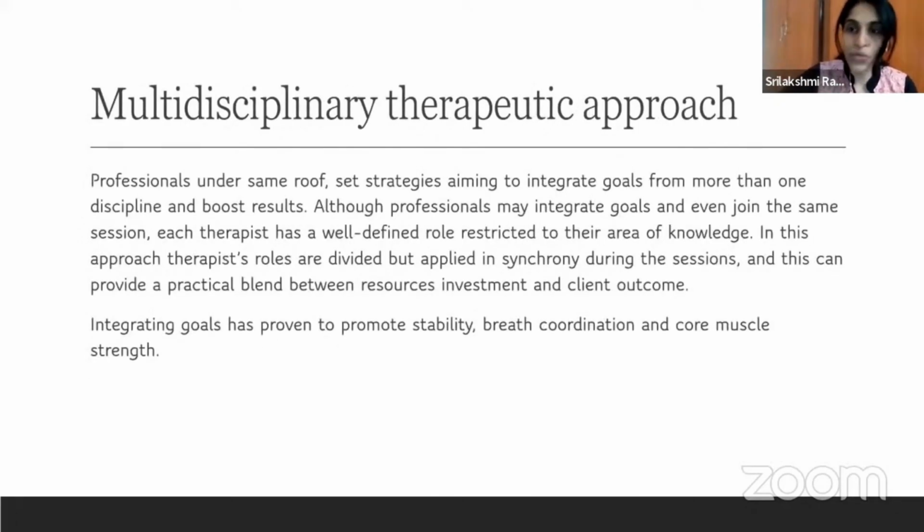To end my slide, I would emphasize the multidisciplinary therapeutic approach, because professionals under the same roof set strategies aiming to integrate goals for more than one discipline and boost results. Although professionals may integrate goals and even join the sessions, each therapist has a well-defined role restricted to their area of knowledge.